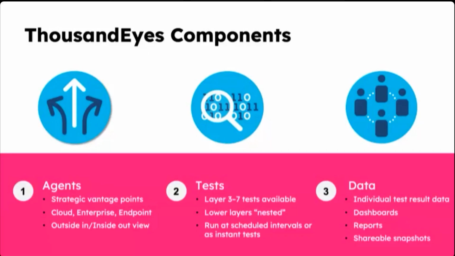The next is tests. We can create layer 3 to layer 7 tests, and the tests are nested within each other. These tests can be run at various intervals, from every 1 minute to every few days. So you deploy the agents, you run the tests, and that will generate data.